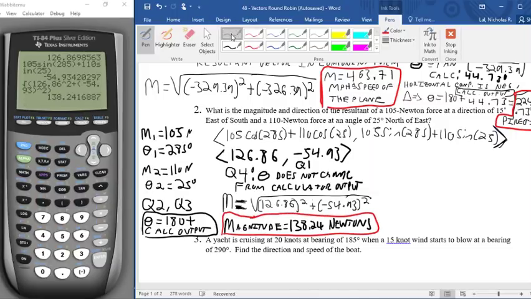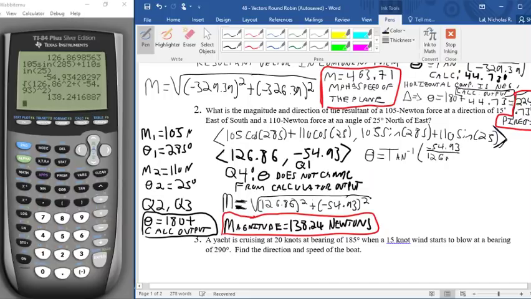All right. Our direction, which is theta, is going to be equal to the inverse tangent of y over x, which is the inverse tangent of negative 54.93 over 126.86.